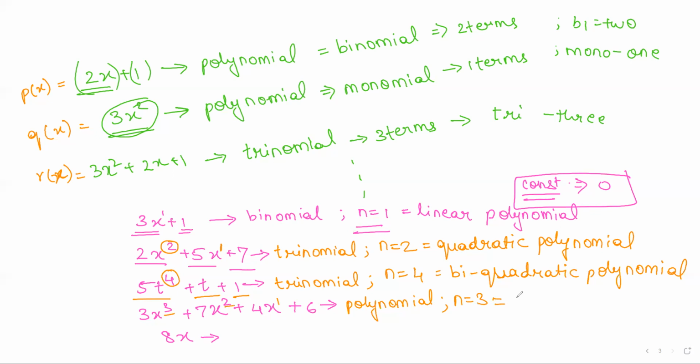So this will be called a cubic polynomial. The last polynomial has a single term, so this would be called a monomial. The power of x over here is 1, so n is equal to 1. If n is equal to 1, this would be called a linear polynomial.